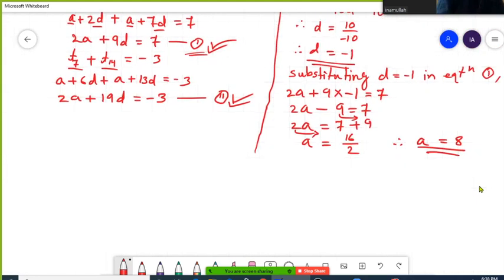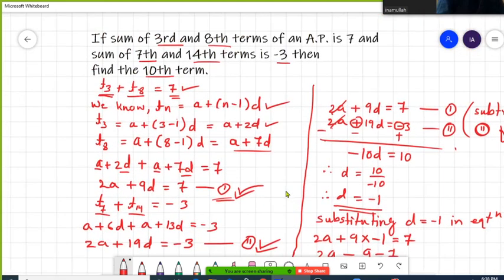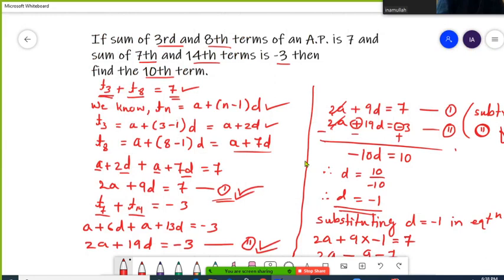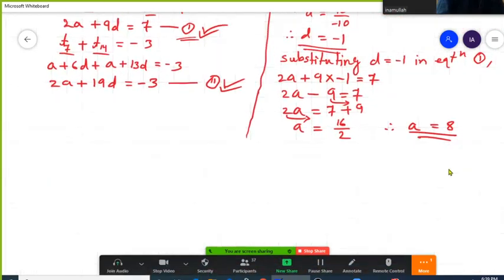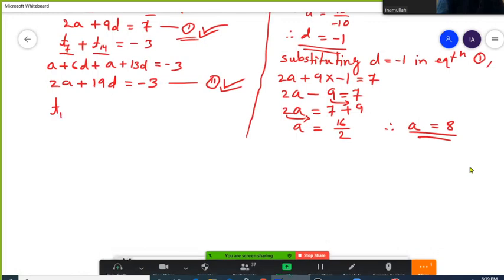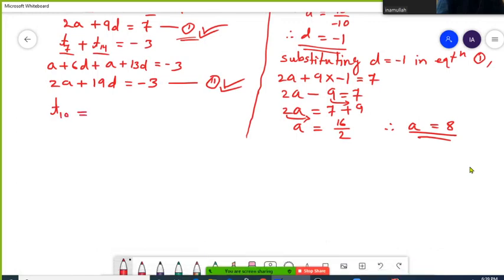Now we have the value of A as well as D. We are in a position to find out T10. The question was to find the 10th term. Look at this. Find the 10th term of the arithmetic progression. So we need to find out T10. So T10 is equals to A plus n minus 1, that is 8 plus 10 minus 1, D is minus 1.